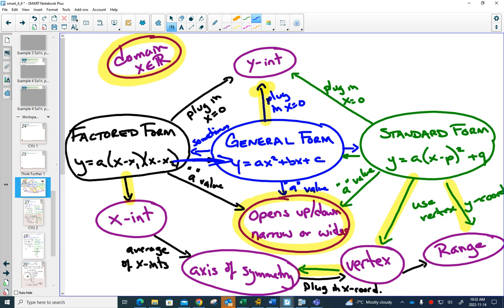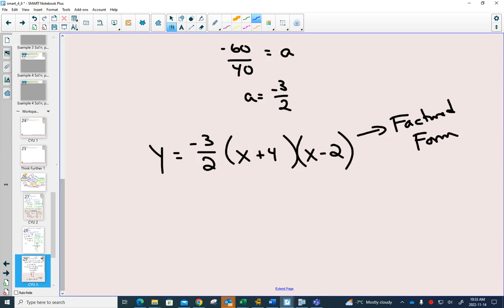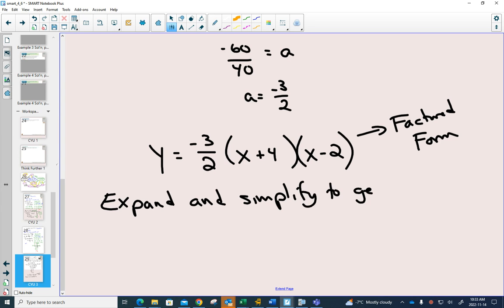So how do I go from my factored form to my general form? I can expand this and simplify it to get to our general form.